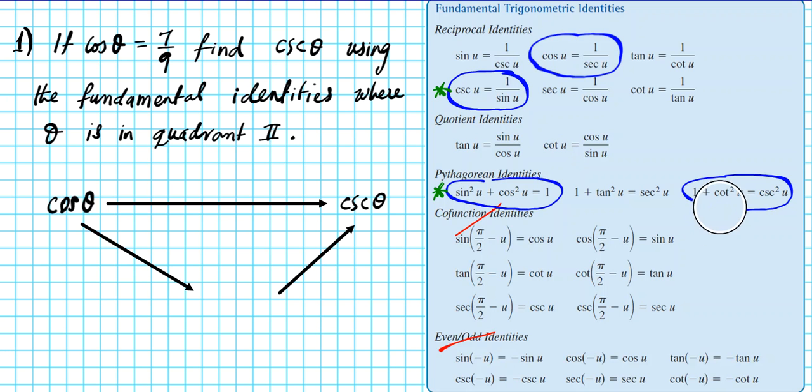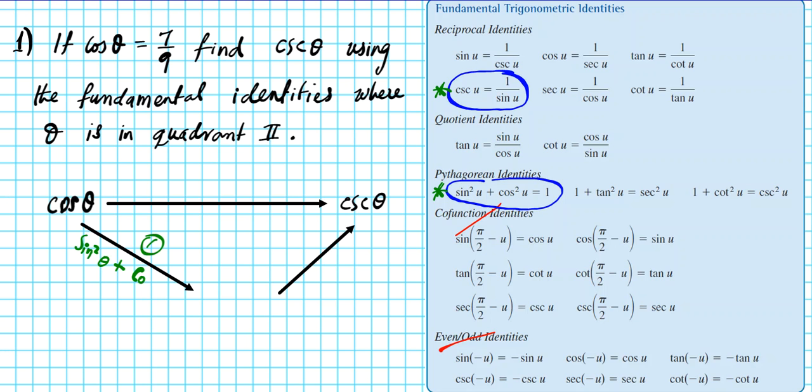Okay, so let's delete the other ones. There are other ways to do it, but this is a pretty efficient approach. So the first step will be to go from cosine to sine using the Pythagorean identity sine square theta plus cosine square theta equals 1.